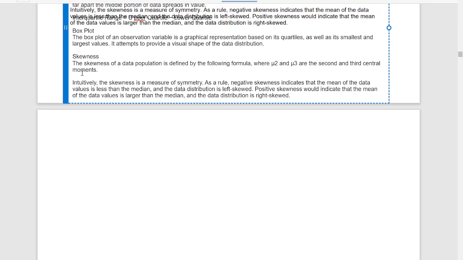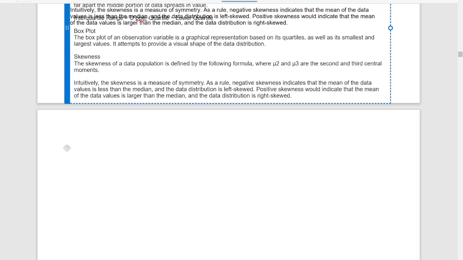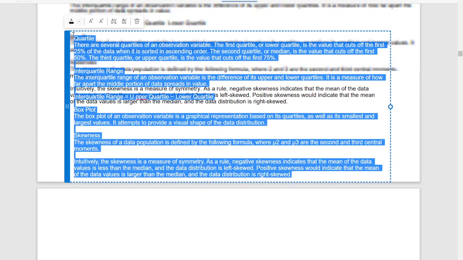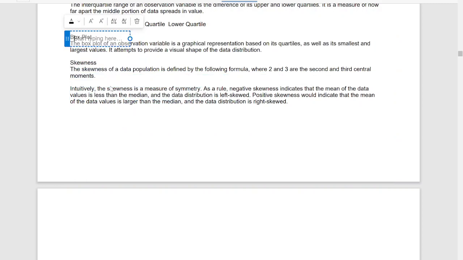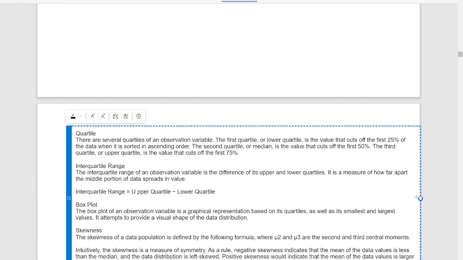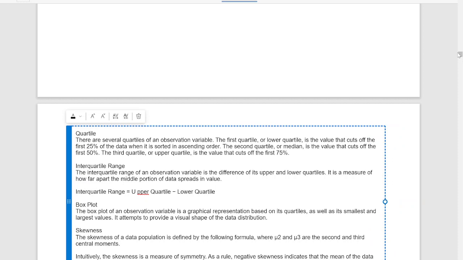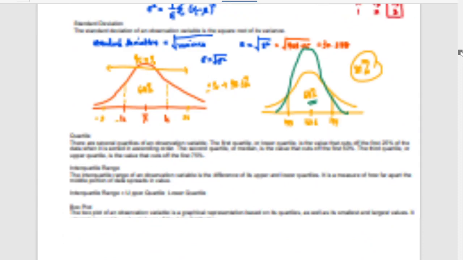Kita tak boleh bawa ke bawah. Alah, tak boleh bawa ke bawah lah pula. Alah, kita cut dulu. Ctrl X. So, kita letak ke bawah ni. Okay, and I will take the previous data to work on.